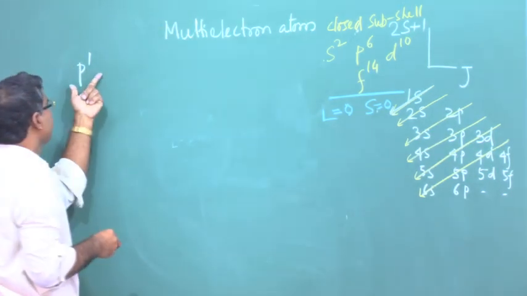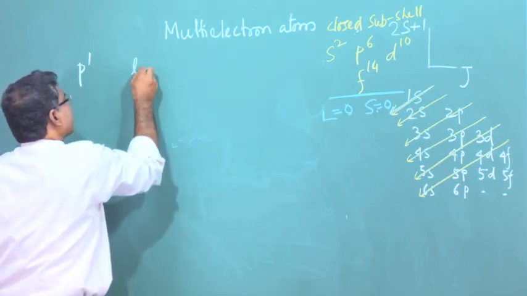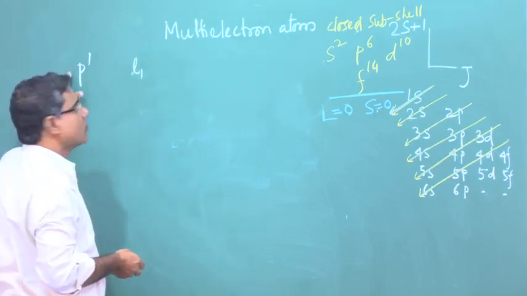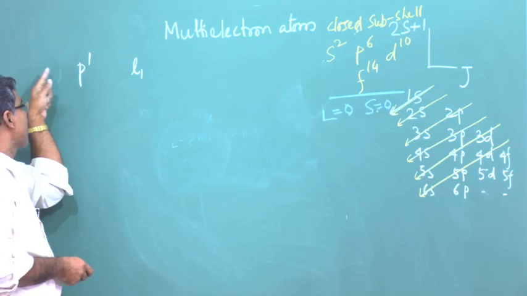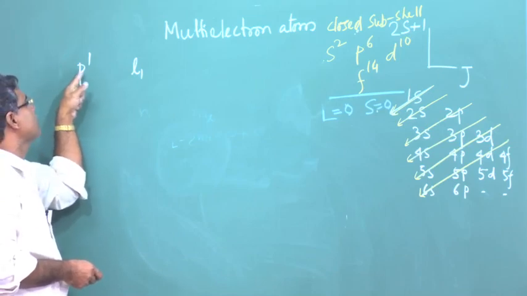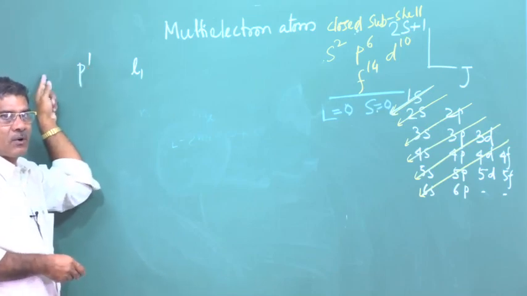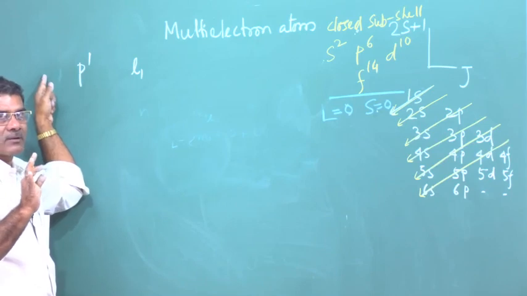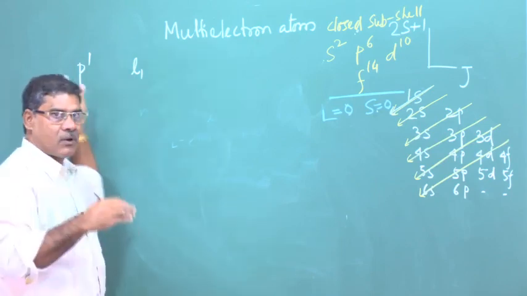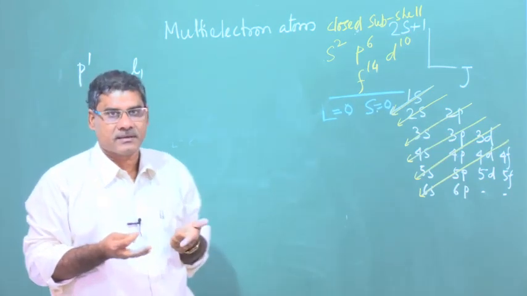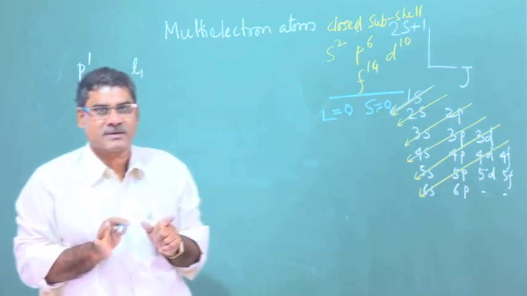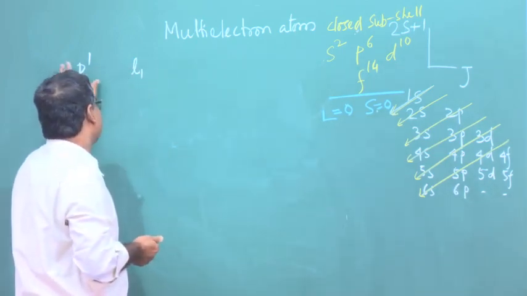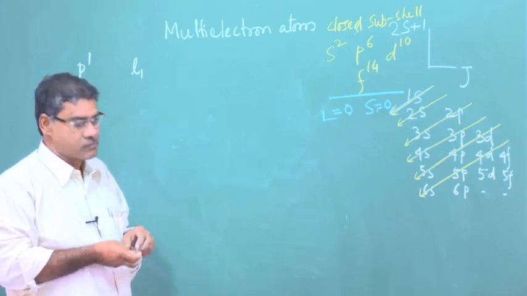So, for a p-electron, say l1. I do not bother if it is 1s2, 2s2 and then 2p1, because for 1s2 L is already 0, I will not consider it. 2s2 also has L and S equal to 0, so I will not consider it. So, only the p-electron, if any.